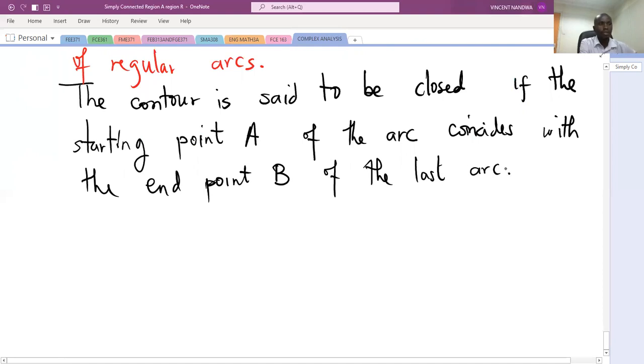The contour is said to be closed if the starting point A of the arc coincides with the end point B of the last arc.